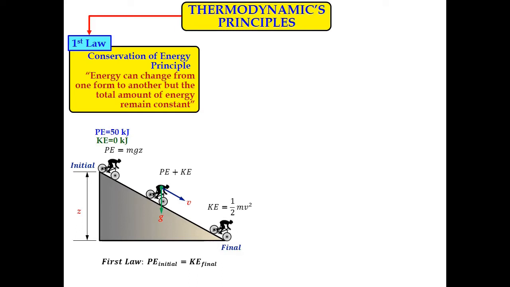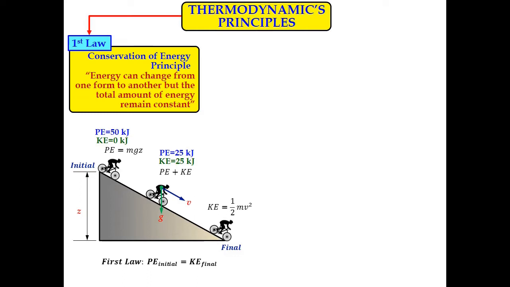Okay, when the cyclist is cycling down the hill, let's say at the middle of his journey, we have a combination of potential energy and kinetic energy. Let's say potential energy 25 kilojoule, kinetic energy also 25 kilojoule. So in total, we still have 50 kilojoule based on the first law of thermodynamics.